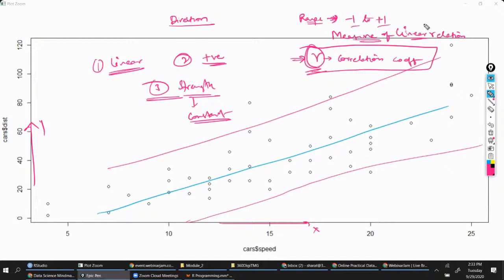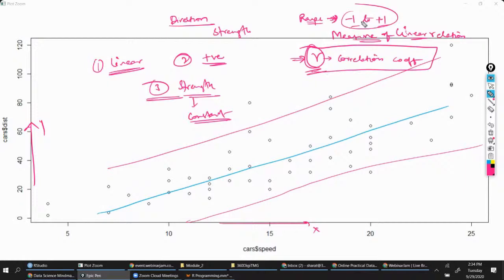The magnitude is talking about the strength. If I take the modulus, I'm talking about magnitude, not direction, so the range is from 0 to 1. The magnitude is represented as 0 to 100%, or we say 0 to 1. So remember that magnitude is talking about the strength, and sign is talking about the direction.